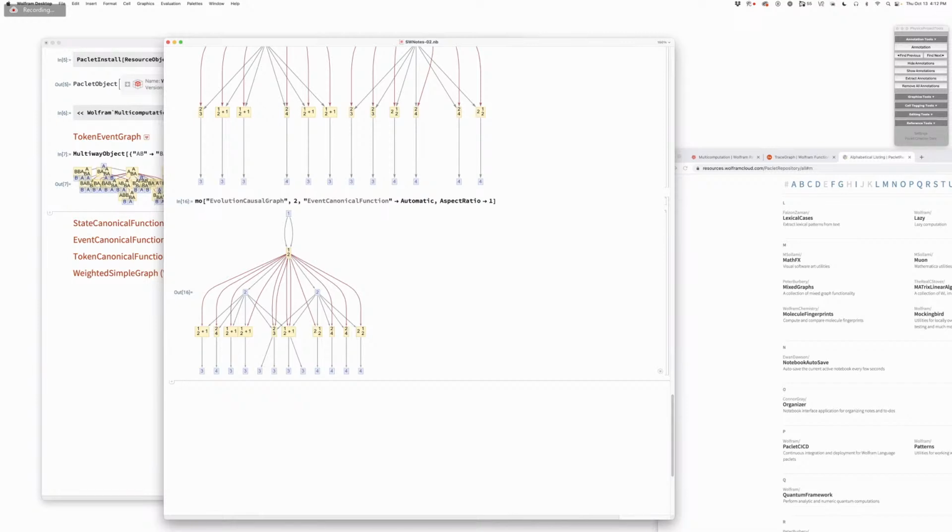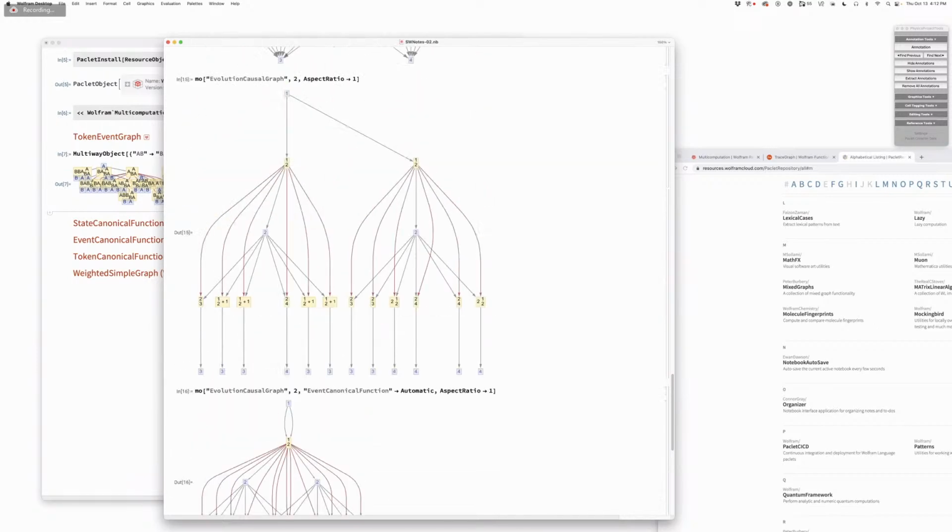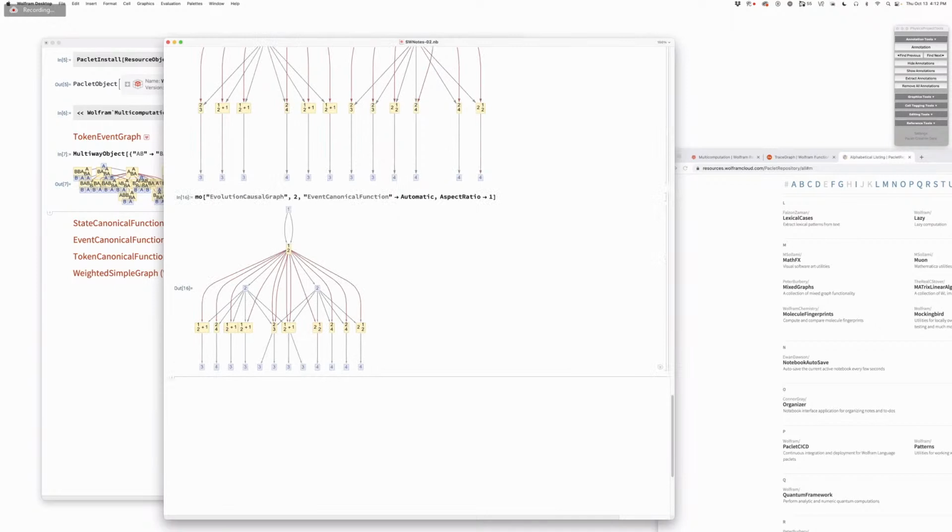Well, something with strings, maybe. Specifically, just take the same string system from the agenda notebook, and maybe ask for just a one-step causal graph or something.